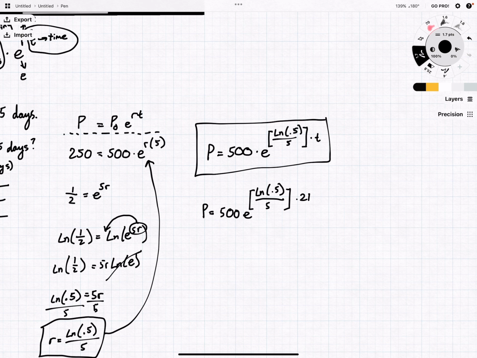So e to the power of that answer, and then I'm going to multiply that final answer by 500, because that's what we started with. And we get just about 27.20.